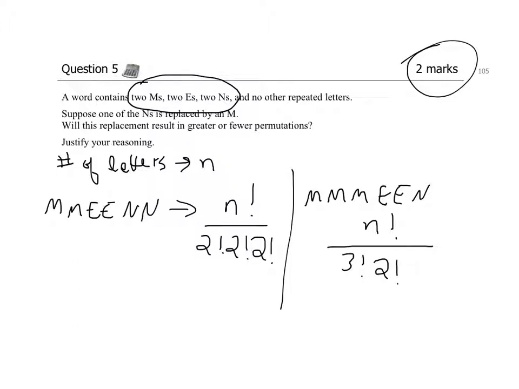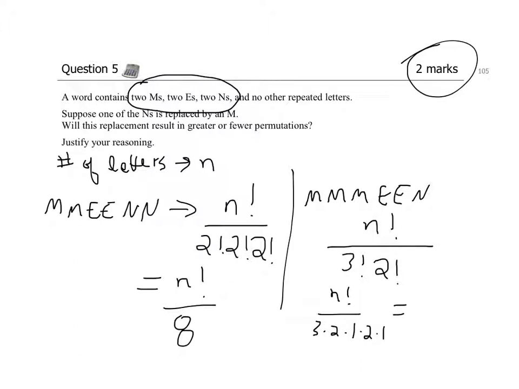So I've got to figure out, is it greater or fewer permutations? I know that this is N factorial divided by 2 times 2 times 2, which is 8, whereas the other is N factorial divided by 3 factorial times 2 factorial, which is 3 times 2 times 1 times 2 times 1.